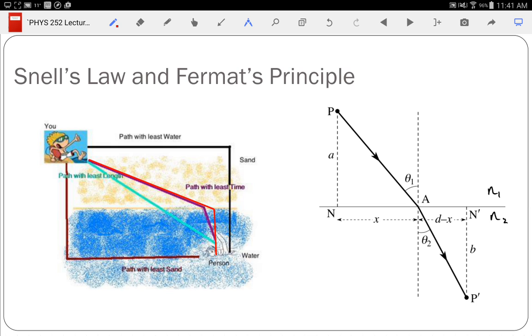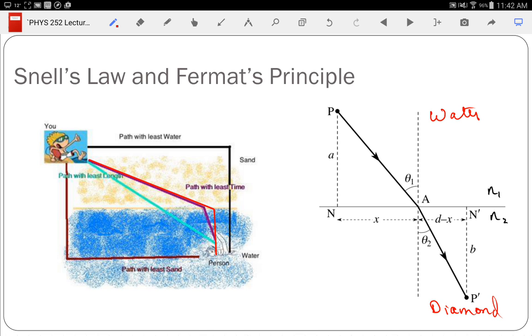So let's go through and do this calculation. So we have over here a situation where we have medium 1. Let's say this is water. And then you go into medium 2, and let's say this is, I don't know, diamond. It doesn't really matter for our problem what they are.